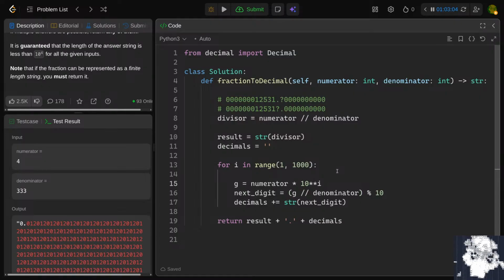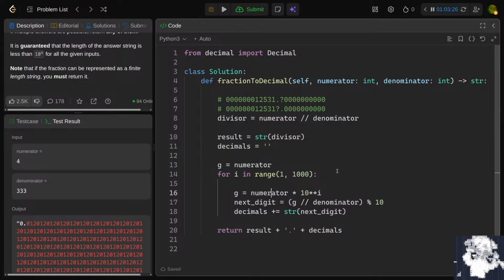And G is just times equals numerator on each step. Is that right? No. G starts as numerator, and at each step you multiply it by 10.